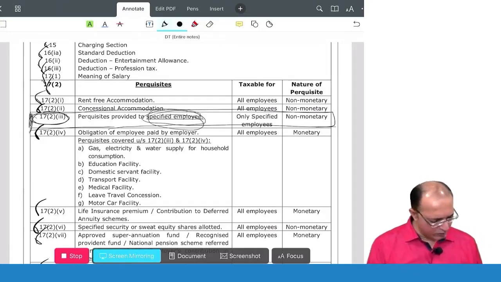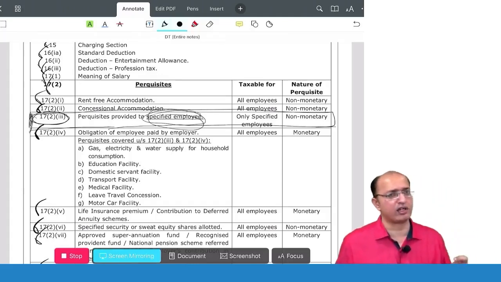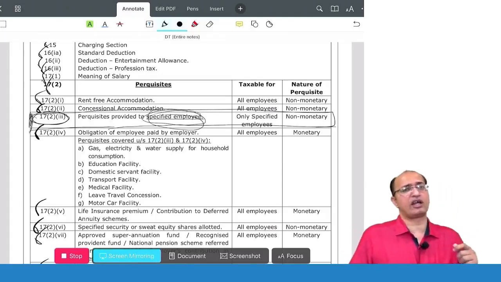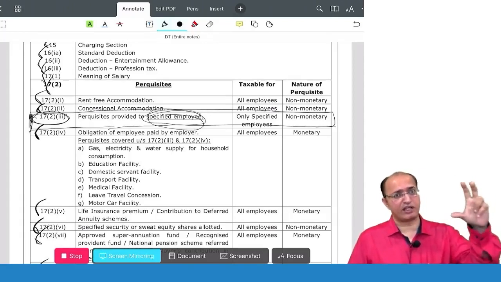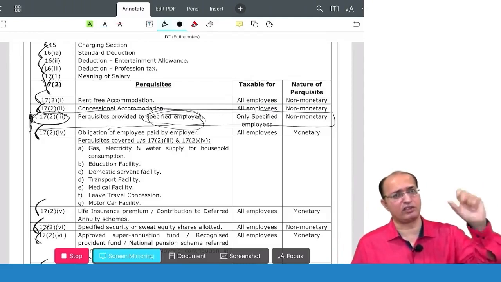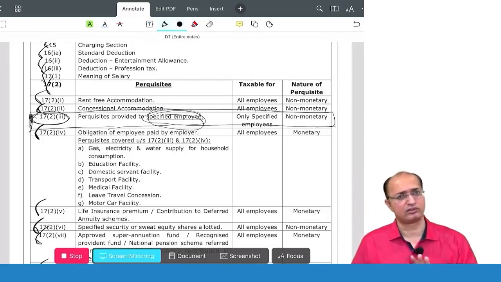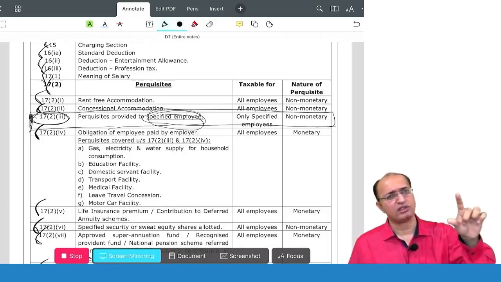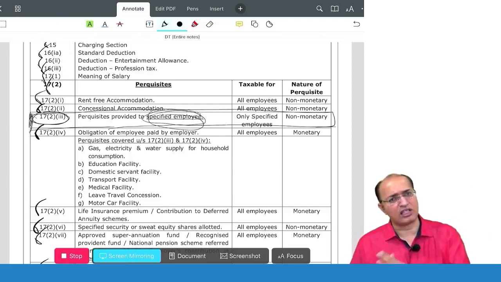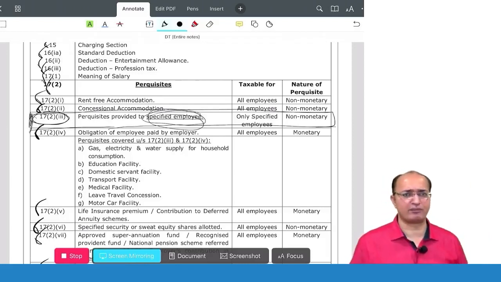I don't want to explain this right now, but I want to tell you that employees are divided into two categories. Special employees working at a higher designation, and other employees. Special, important employees are called specified employees. Others will be called non-specified employees.